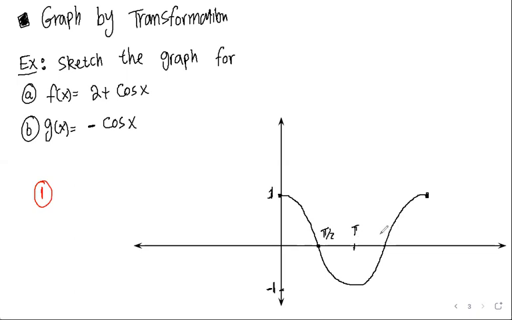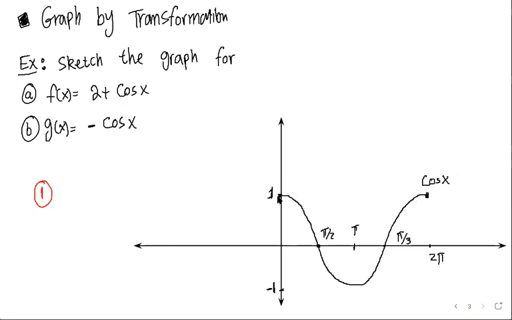Here is 3 pi over 2, and this value here is 2 pi. Now, plus 2: the original function is cosine x. For the graph of 2 plus cosine, we have to shift everything up.